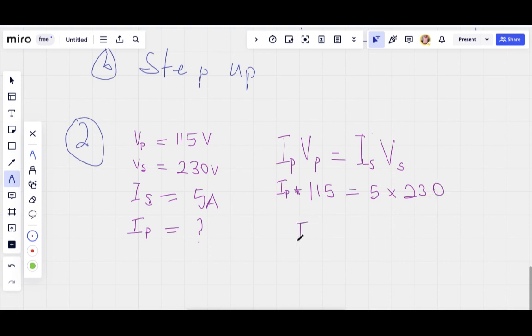So IP is equal to 5 times 230, divided by 115. 5 times 230 divided by 115.